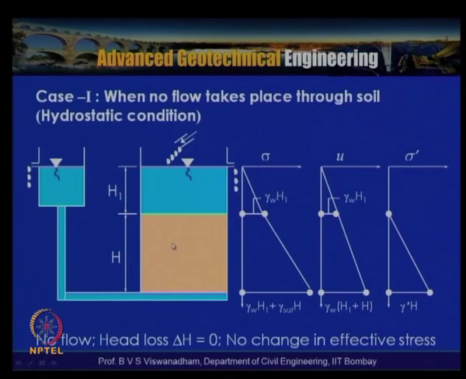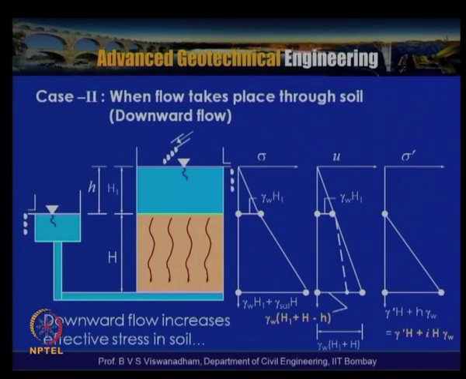An excessive increase in the effective stress can lead to the crushing of soil particles and then the collapse of the soil. An excessive decrease in the effective stress can also lead to problems, which we are going to discuss.